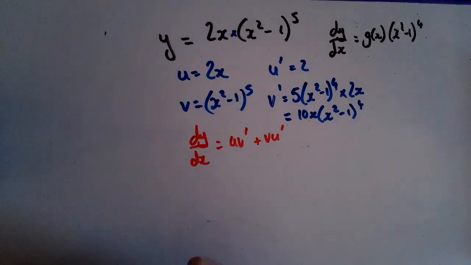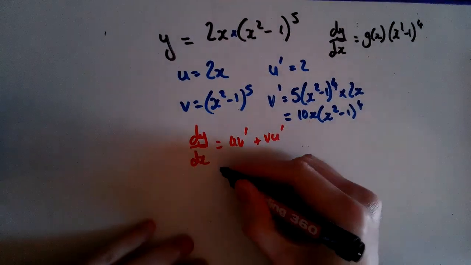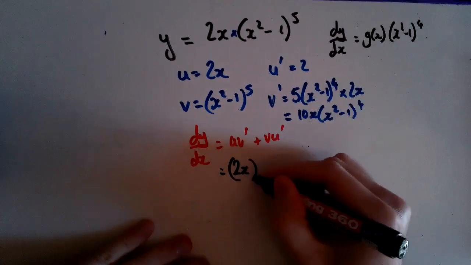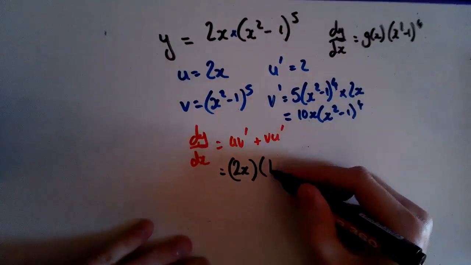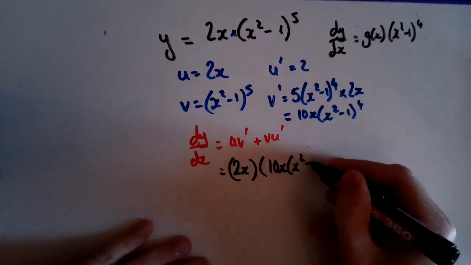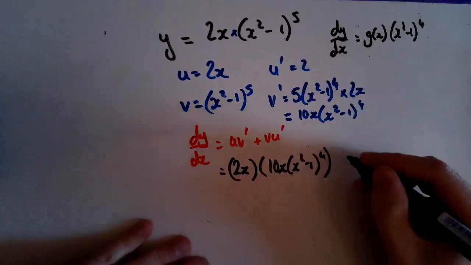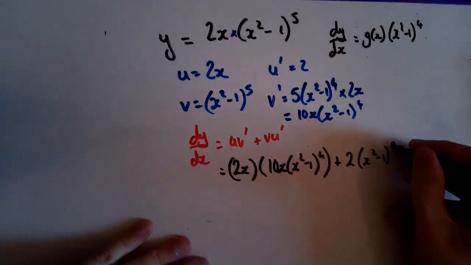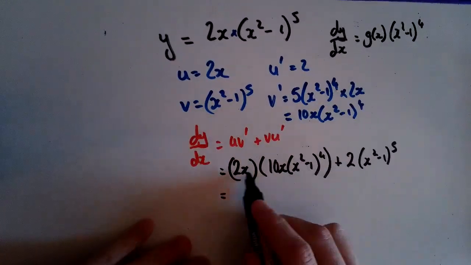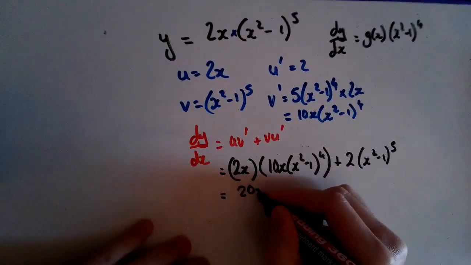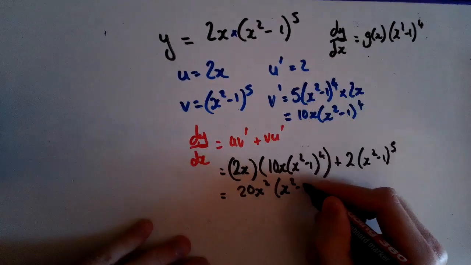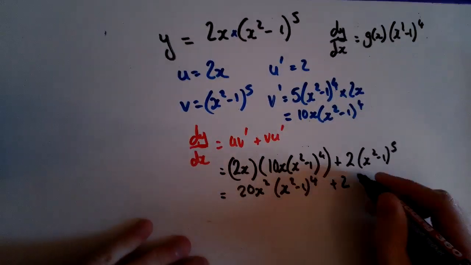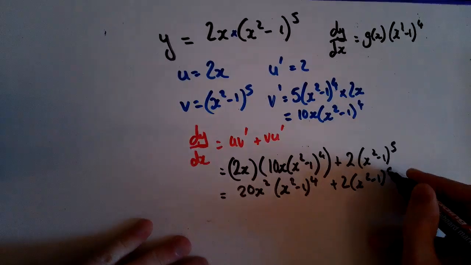Sub it all in. So I've got 2x times 10x(x squared minus 1) to the power 4 plus 2 times (x squared minus 1) to the power 5. I can simplify this a little bit. It gives me 20x squared(x squared minus 1) to the power 4 plus 2(x squared minus 1) to the power 5.